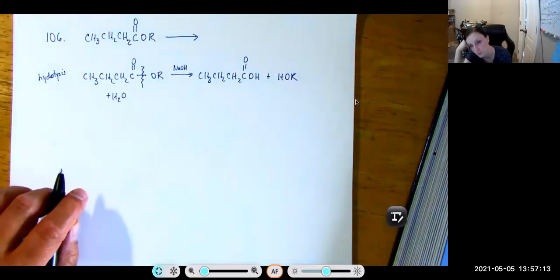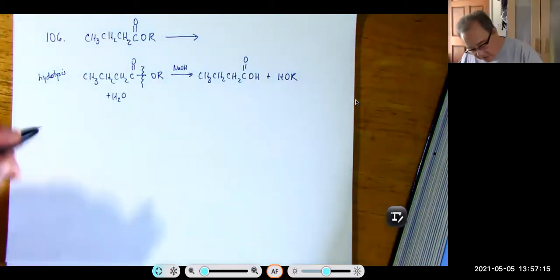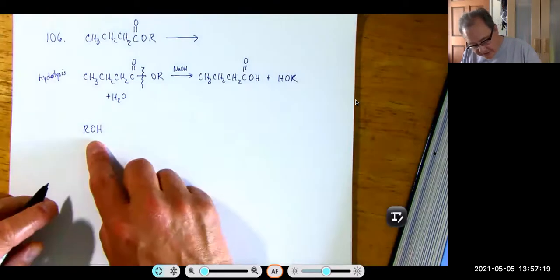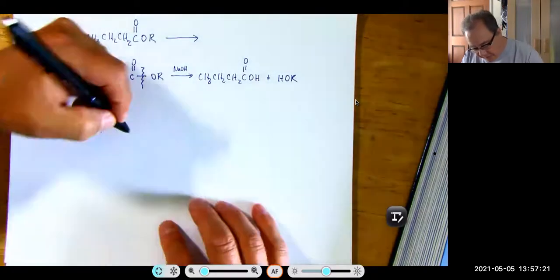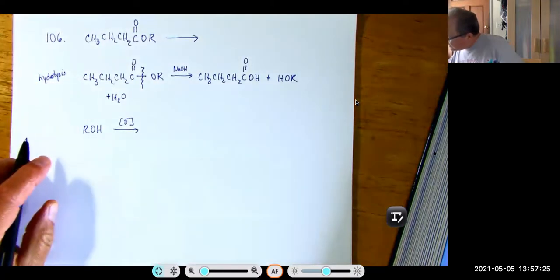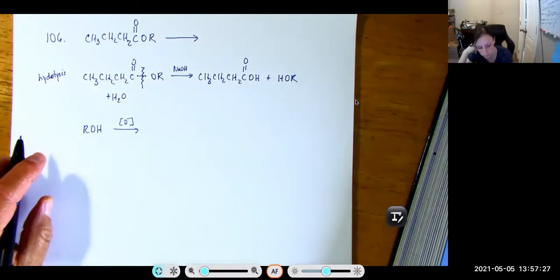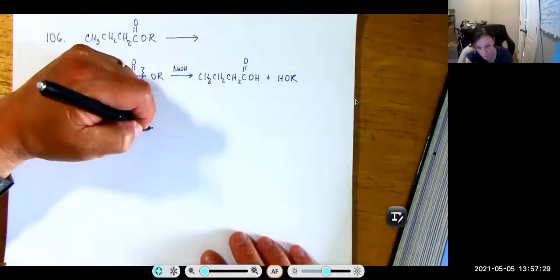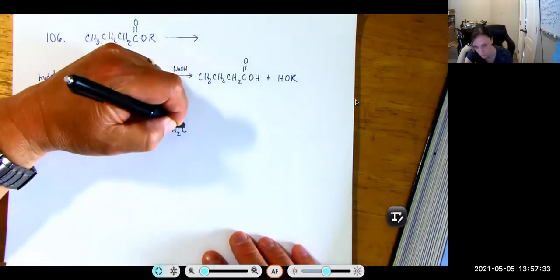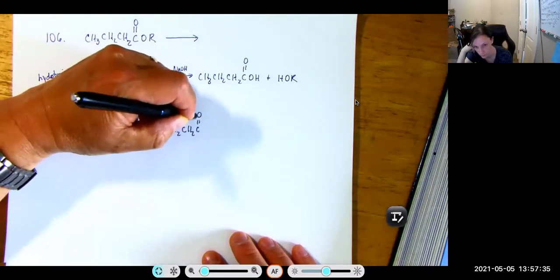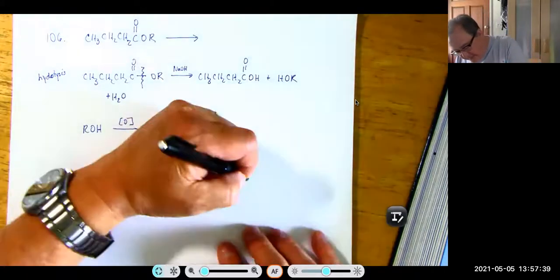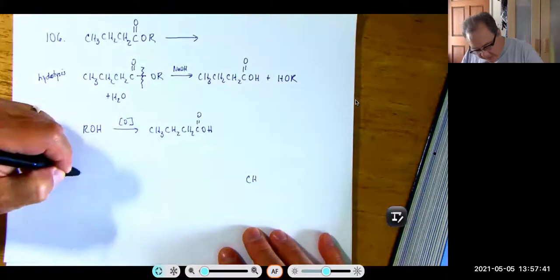So oxidation of the alcohol. I'm going to write this differently. I'm going to write ROH. And oxidation of the alcohol results in butanoic acid. So we've got to take this and work it backwards.